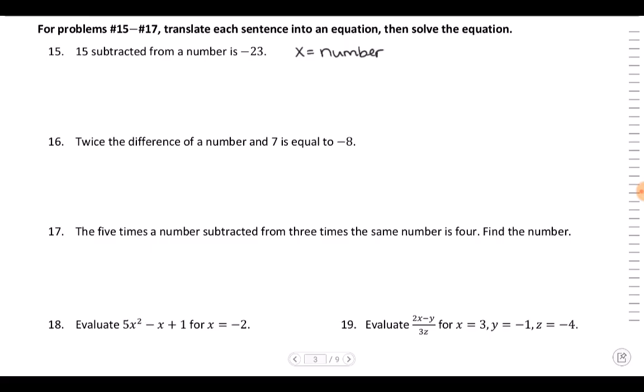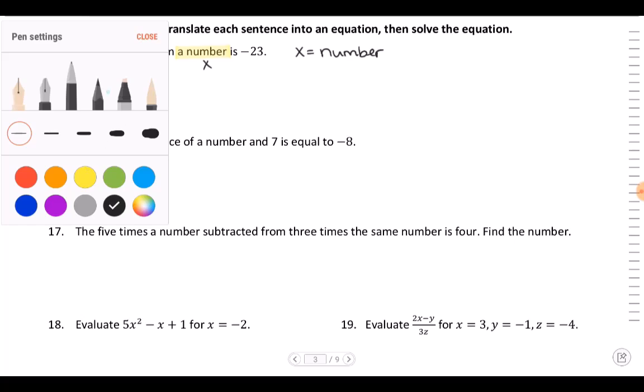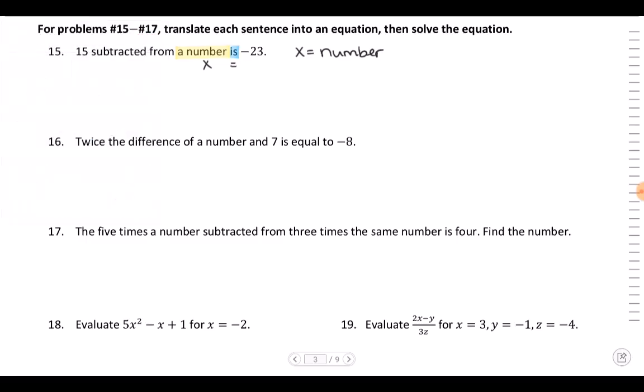So 15 subtracted from a number. So a number, that's going to be my x here. And then remember that is equal, or is your equals word, right? So is, that means equals. So let me put my equals there.